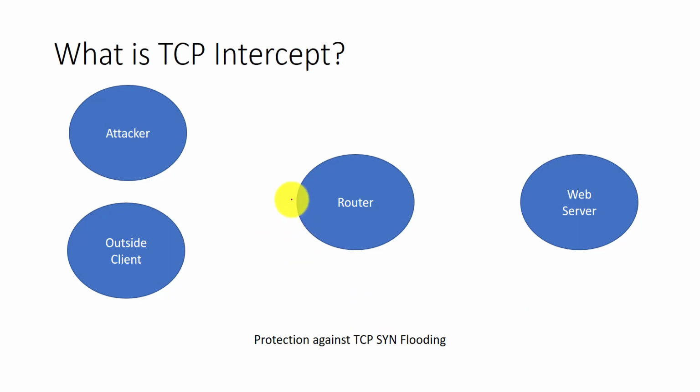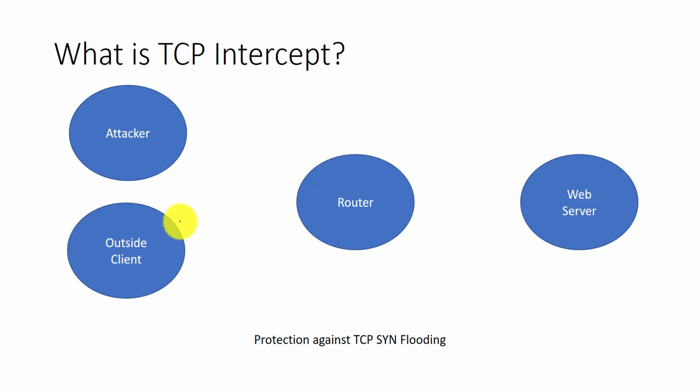Now with TCP interception, let's say for instance this router in the middle has got TCP interception configured on the router. I'll jump into the depth on the configurations when I do the demonstration.